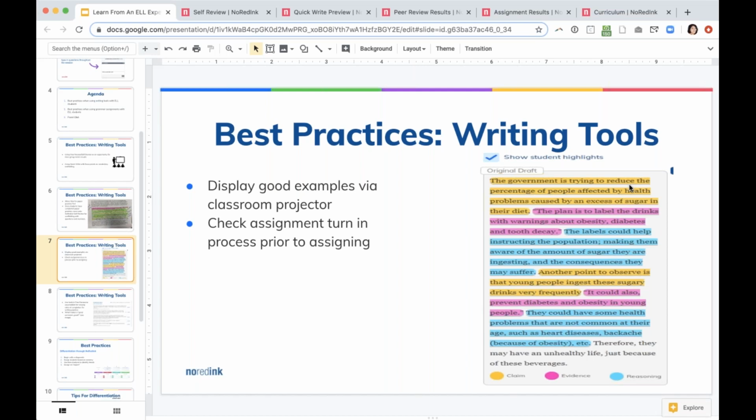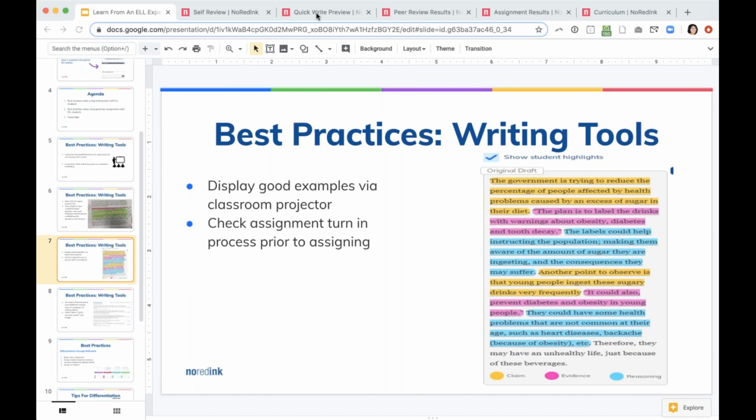The second thing is to check the assignment turn-in process. I've gone through a lot of NoRedInk and the different programs, the strategies, the different things that they offer. Some of the assignments that you're going to encounter are going to have the students submit at the end, and that's what I want you to take a look at first.